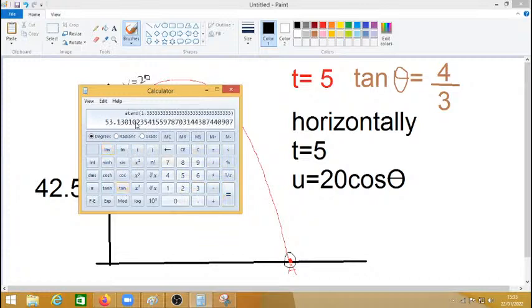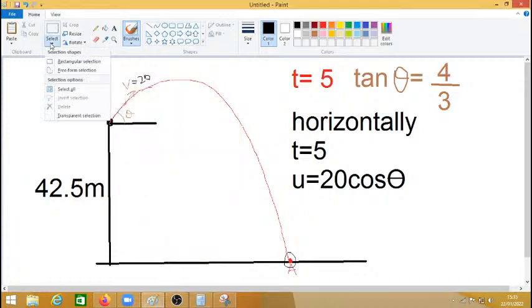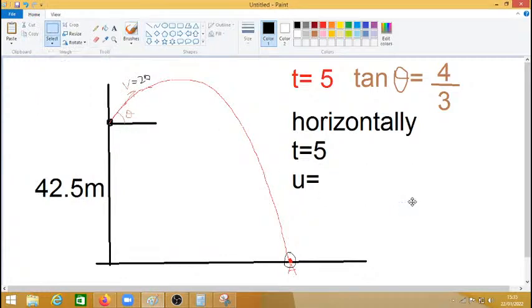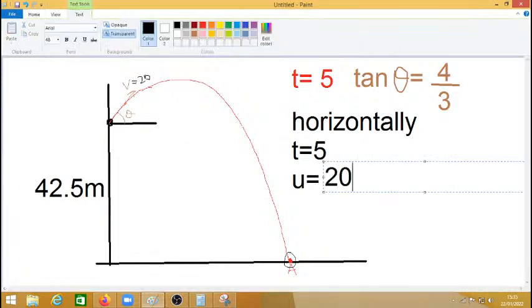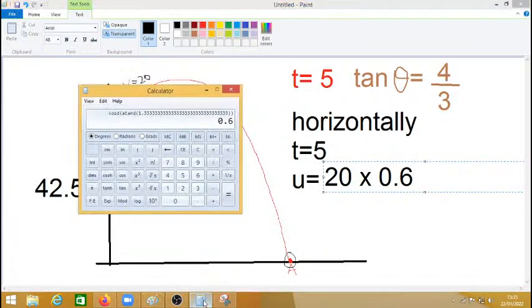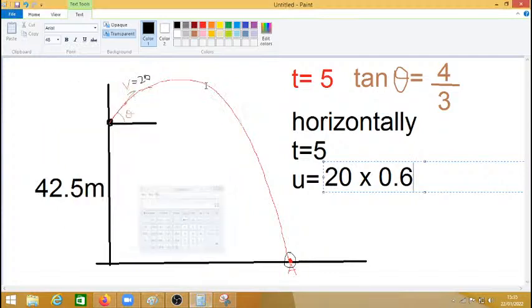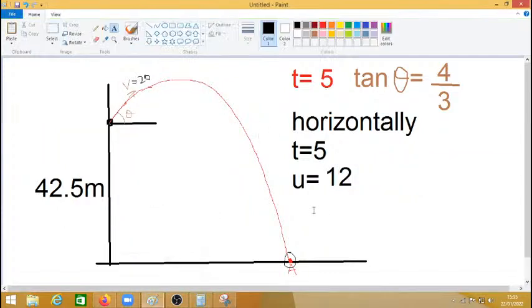So your angle is 53.13. And then we want the cos of that. So 0.6. So this can just be replaced with 20 times 0.6. Let's times that by 20, so we get 12. So the initial horizontal velocity is 12, good.